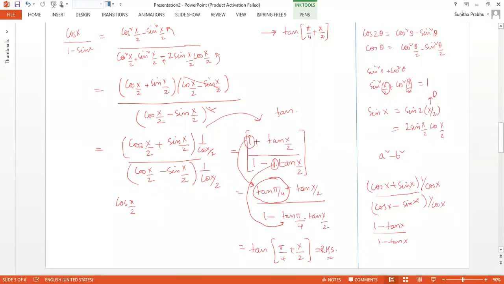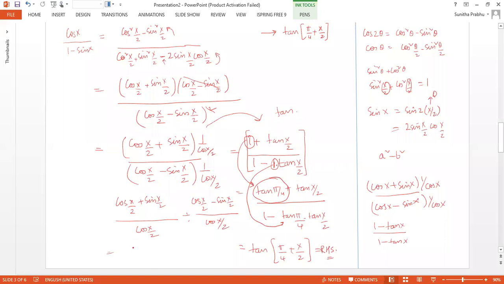See, just look at me. Cos x by 2 plus sin x by 2 by cos x by 2, correct? Divided by cos x by 2 minus sin x by 2 by cos x by 2, correct? Same thing, the numerator I have taken separately here, divided by denominator, okay?